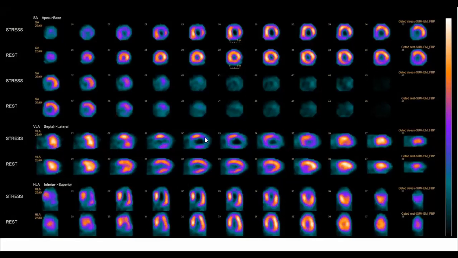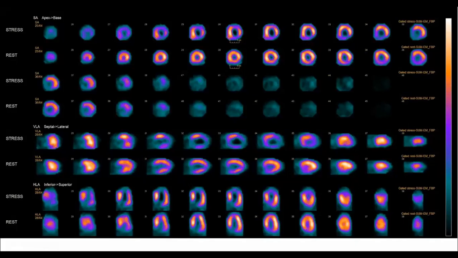So there is a defect in the anterior wall, apical region, and the inferior one. Similarly, confirming these defects in the horizontal long axis: apex, septum, lateral. There is a defect in the septal area. So the defects are in the anterior, septum, and apical regions.